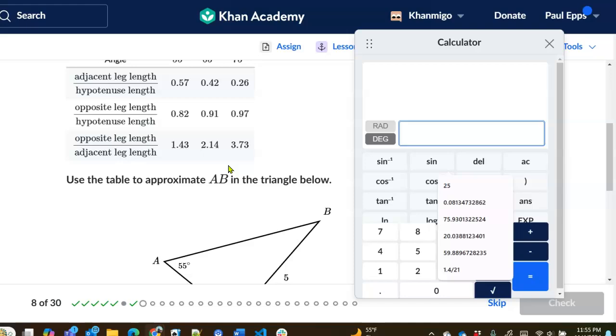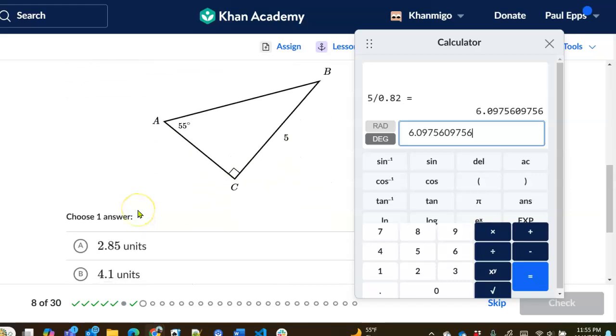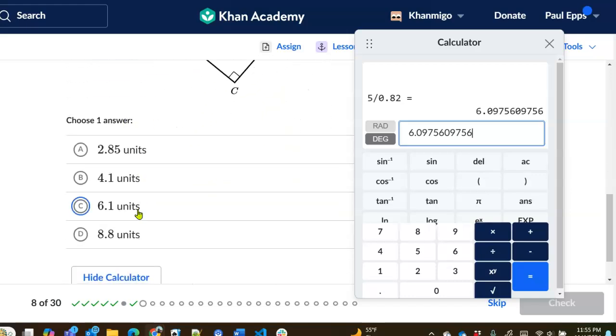All right, so 5 over whatever we're trying to get is about 0.82. So if we divided 5 by 0.82, opposite hypotenuse, 55, we get that. Yeah, it's about 6.1. Okay.